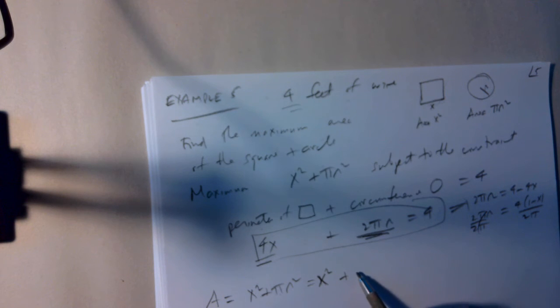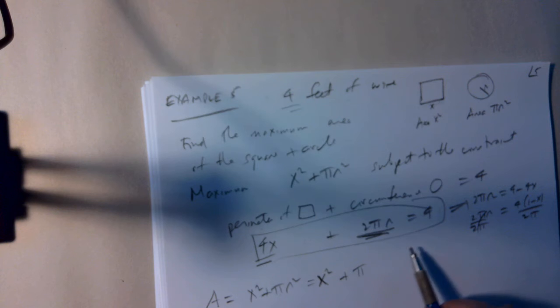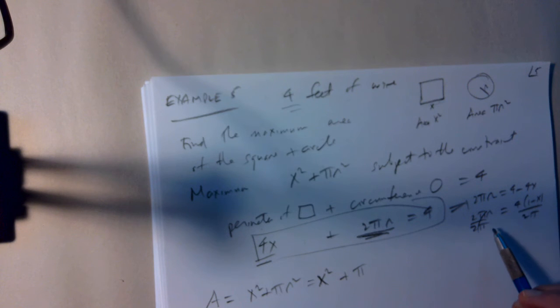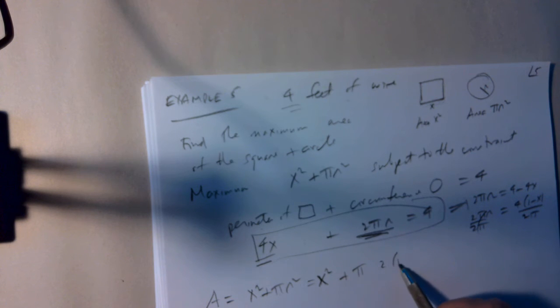So x squared plus pi, what is r squared? Two times 1 minus x over pi, all squared.